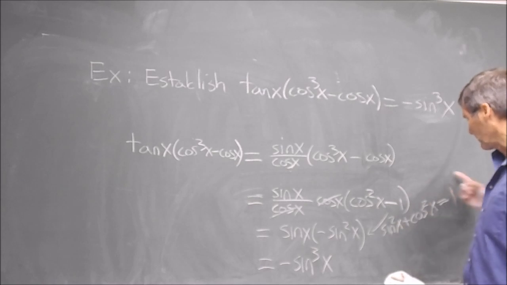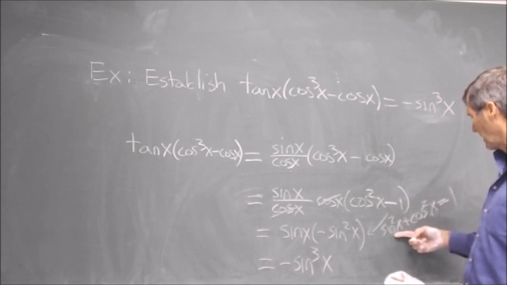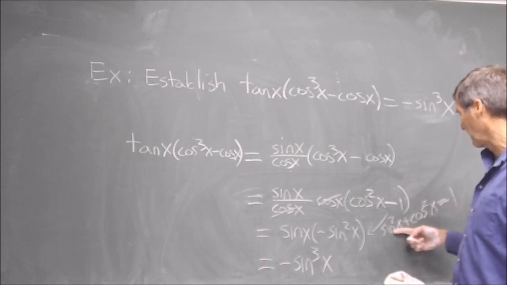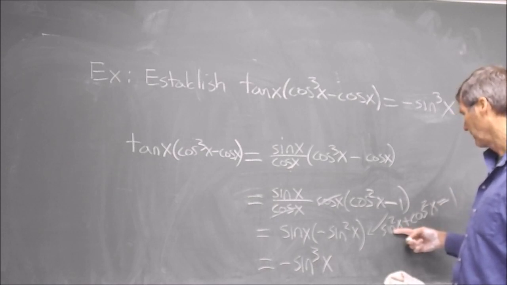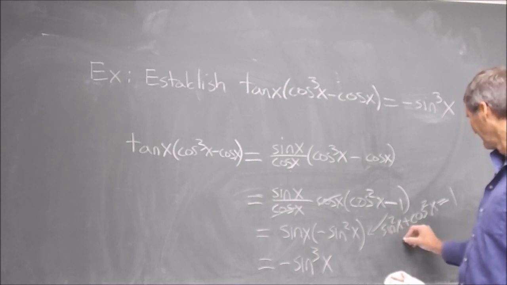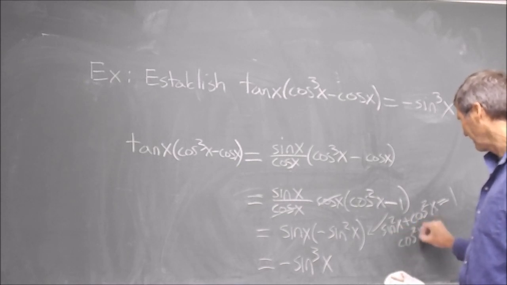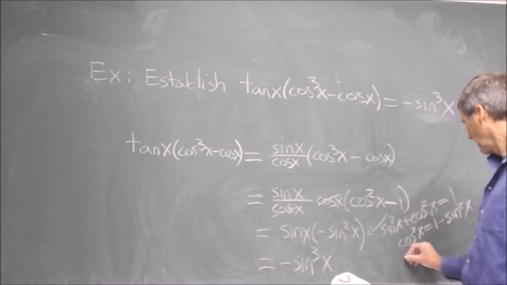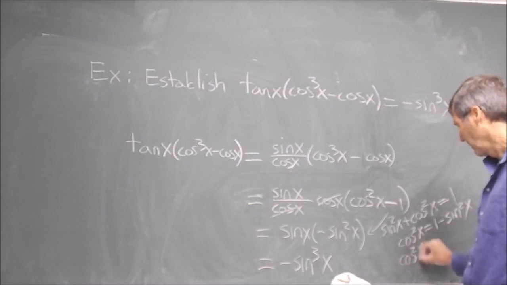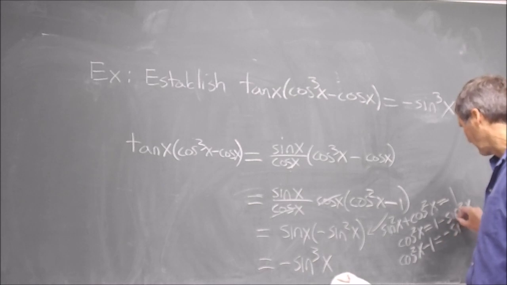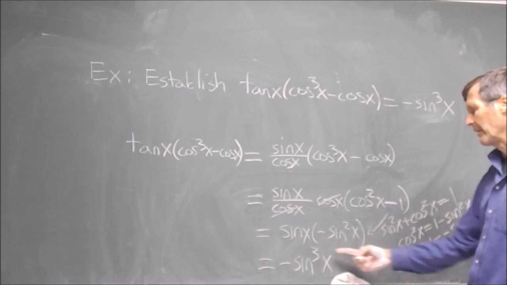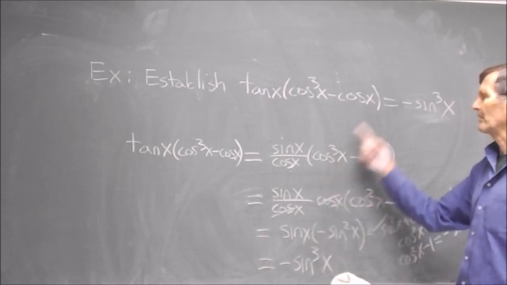If you subtract sine squared from each side, and subtract 1 from each side, cosine squared x equals 1 minus sine squared. That says cosine squared minus 1 equals minus sine squared. Then we apply that identity, replace this with minus sine squared. Now we've got minus sine cubed. We've established the identity.